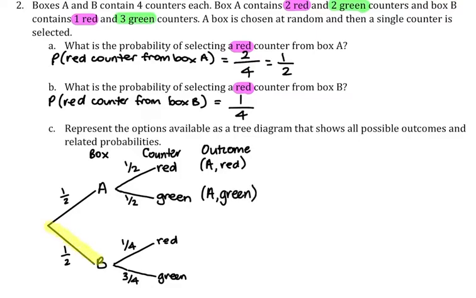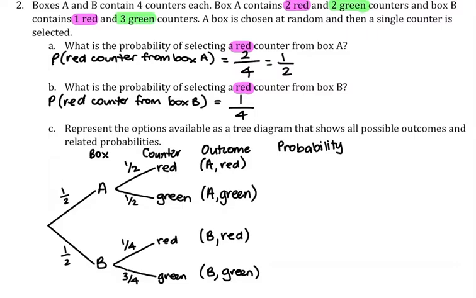Then our third outcome is B red. So again, we write B red. And our fourth and final outcome is box B counter green. So we write B green.